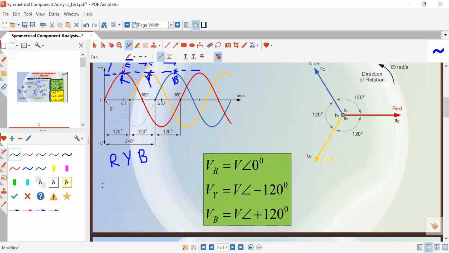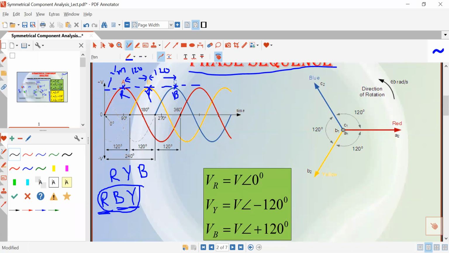Similarly, if I ask you what it means if a three-phase system has phase sequence RBY, it means the phase voltage of phase R will attain its maximum first, then phase voltage of phase B, and then phase voltage of phase Y. So this is the meaning of phase sequence.